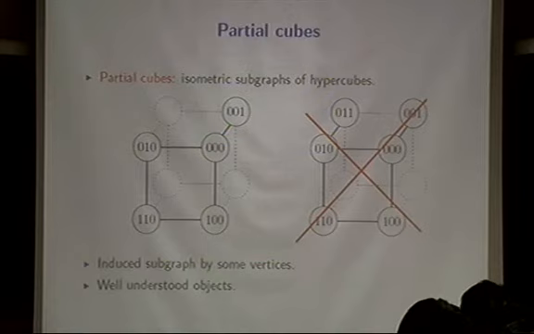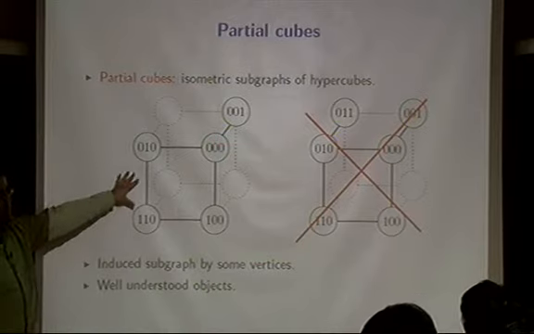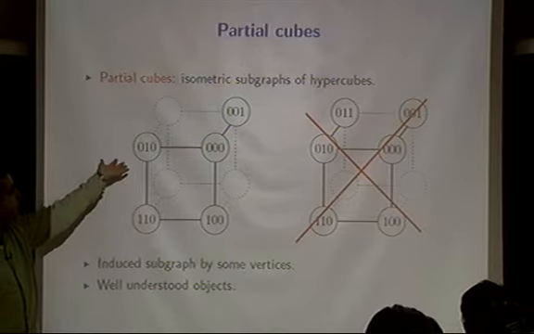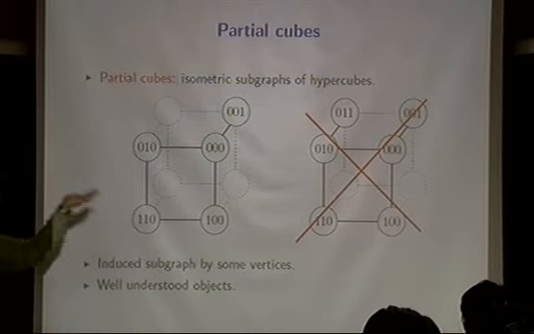Another important object for us is partial cubes. A partial cube is an isometric subgraph of a hypercube. So what you are doing is you are selecting a set of vertices, and then you look at the graph induced by those vertices. You consider the edges between all those vertices, and you should have the property that the distance in the remaining graph should be equal to the distance in the original graph for any vertex that survives.